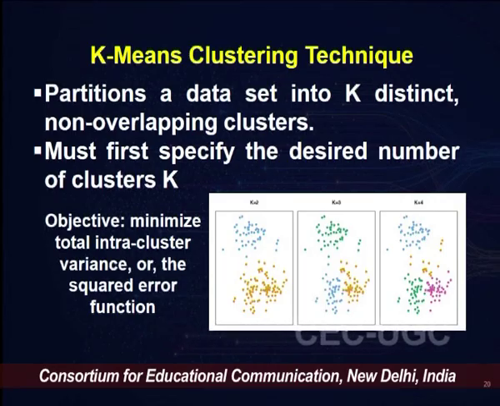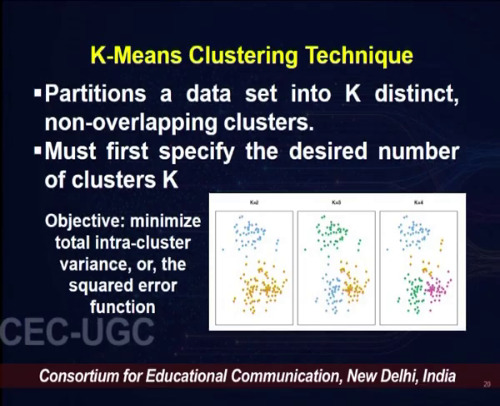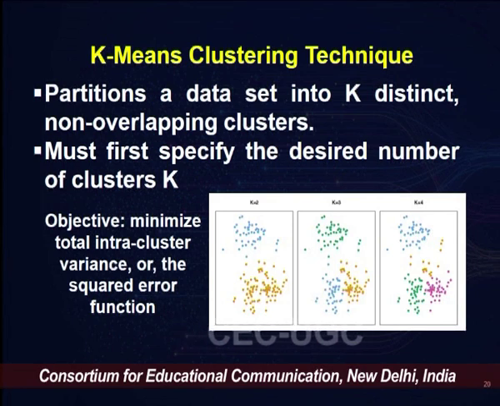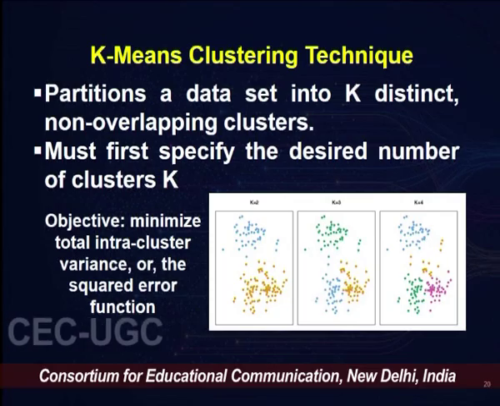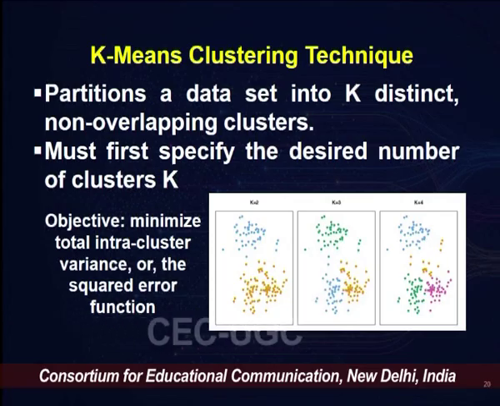You must first specify, as I told you, the number of clusters, which is an integer value, and the objective, I told you, is to minimize the inter cluster variance or the squared error function, right. As you can see, these are some examples where the clusters are shown, like how the data points can be clustered into different groups.